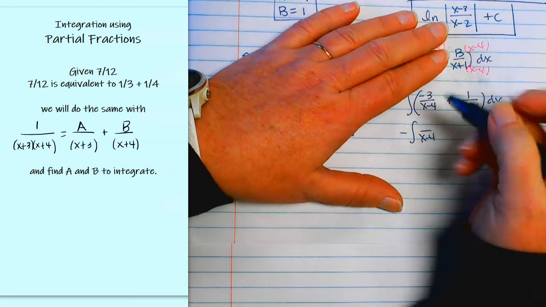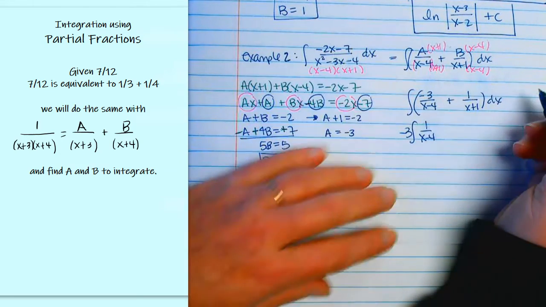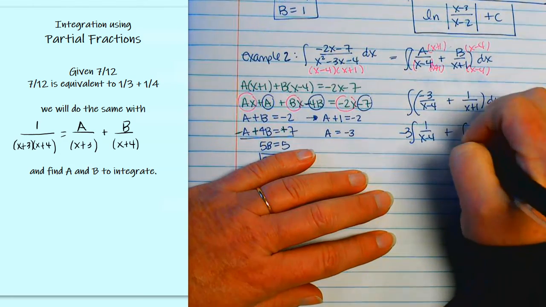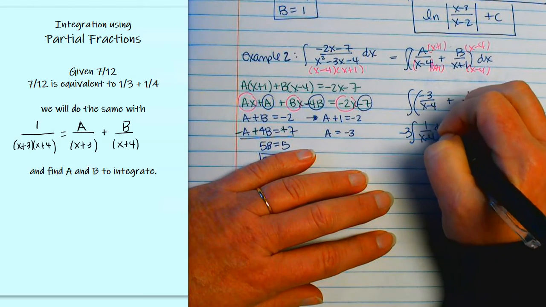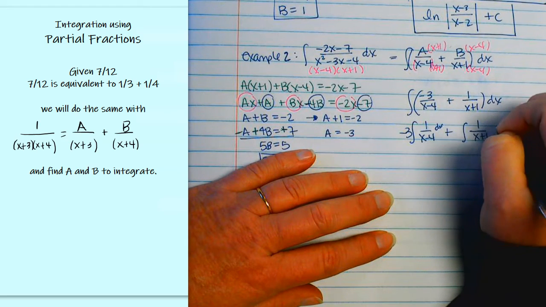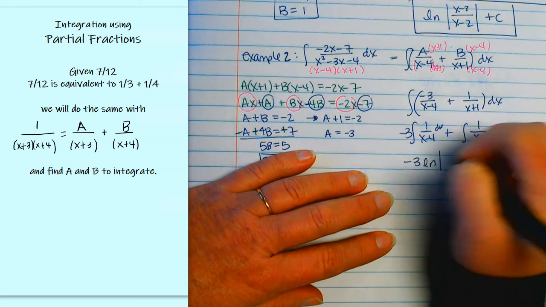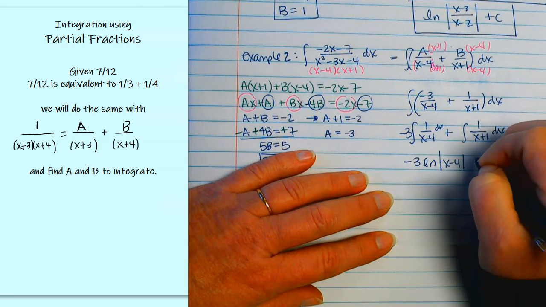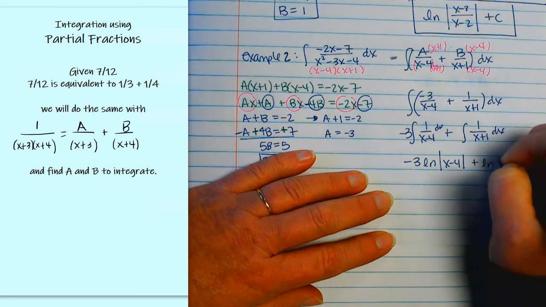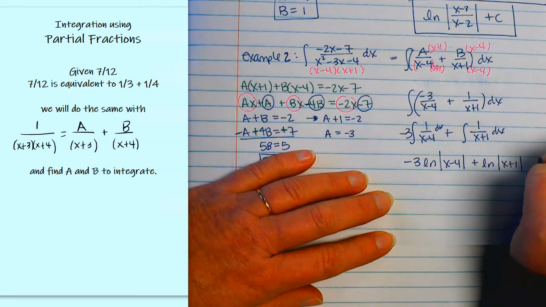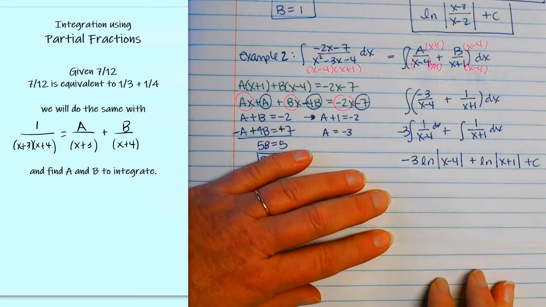I can say this is negative 3 and then 1 over x minus 4 plus the integral dx plus 1 over x plus 1 dx. This makes it negative 3 natural log of the denominator plus natural log absolute value of the denominator plus c.